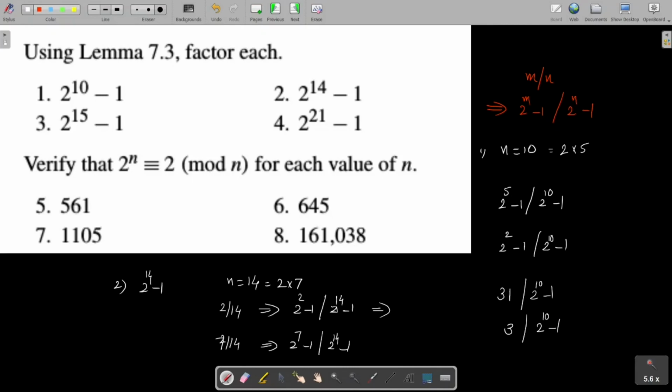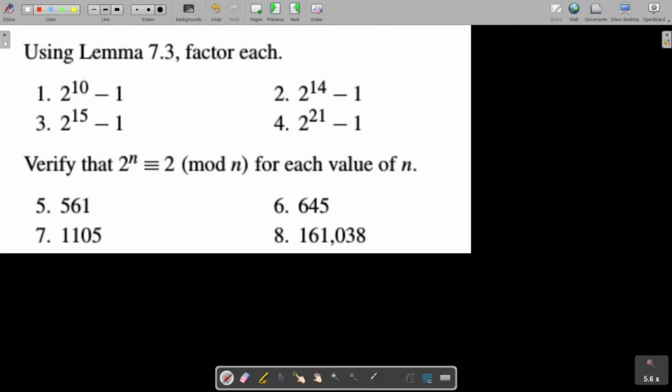So that is 2 square minus 1 is 4 minus 1, that is 3. 3 divides 2 raised to 14 minus 1, and 2 raised to 7 is 128 minus 1, that is 127, which divides 2 raised to 14 minus 1. Therefore 3 and 127 are two factors of 2 raised to 14 minus 1.